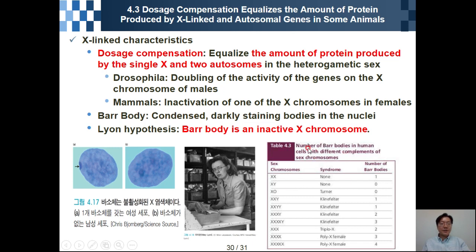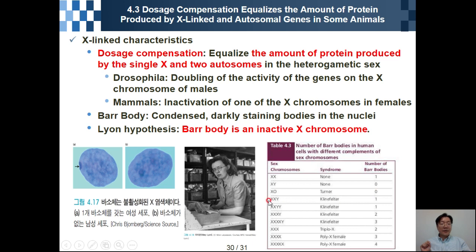For example, this is Table 4.3, showing the number of Barr bodies in human cells with different complements of sex chromosomes. Female has XX, and the number of Barr bodies is 1. How about male? XY. They don't have a Barr body. Turner syndrome? They only have 1X, so no Barr body.